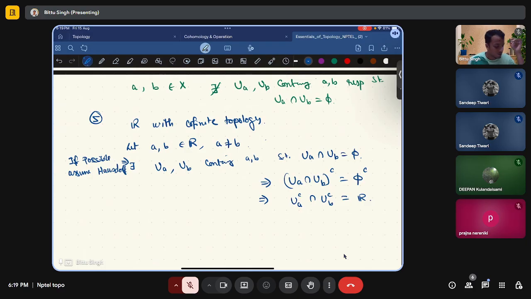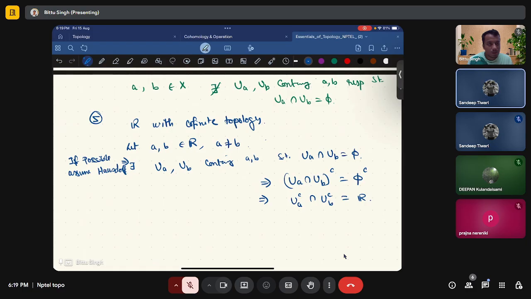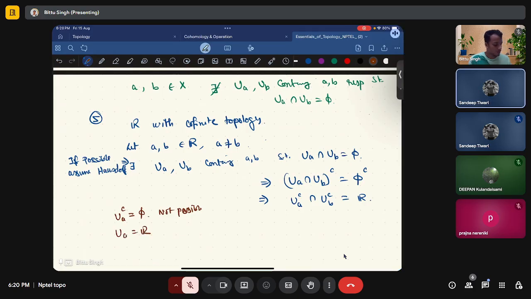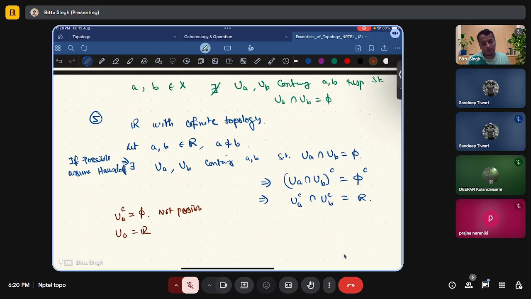So what are the open sets in the cofinite topology? Something is open if its complement is either finite or the other choice, empty. So U_A complement being empty is not possible. Why? Because this would imply U_A is the whole set, so that separation is not possible.